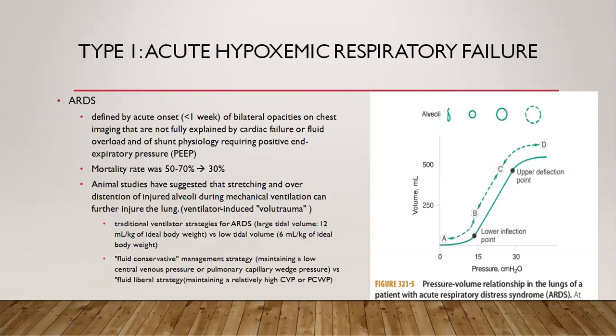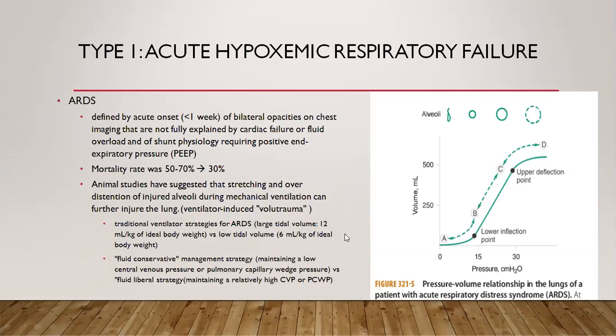Animal studies have suggested that stretching and overdistension of injured alveoli during mechanical ventilation can further injure the lung. Hence the ventilator-induced volutrauma. That's why one of the traditional ventilator strategies for ARDS is to give low tidal volume.